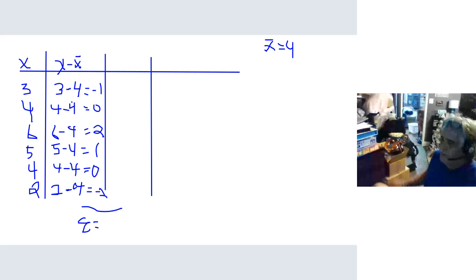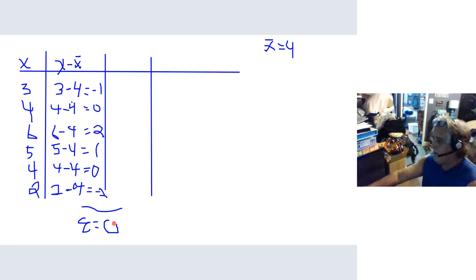What happens when you add up the -1, the 0, the 2, the 1, and the -2? I told you this on the first one, but here I want you to actually see it. What happens when you add all those up? 0. Yeah, 0.